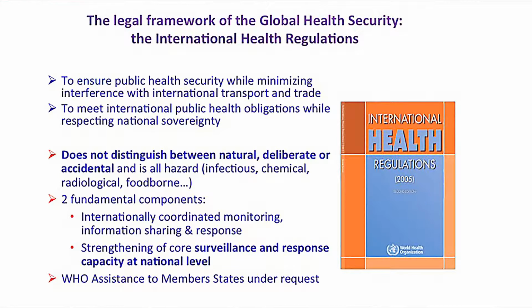The first one is that the IHR doesn't distinguish between natural, deliberate, or accidental events. So it means that CBRN, for instance, is included in the framework of the IHR. And there are two fundamental components. The first is that surveillance, the alert system, and the response system should be managed internationally with a coordinated monitoring and information system.